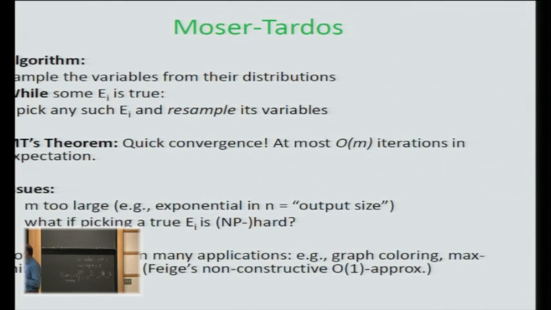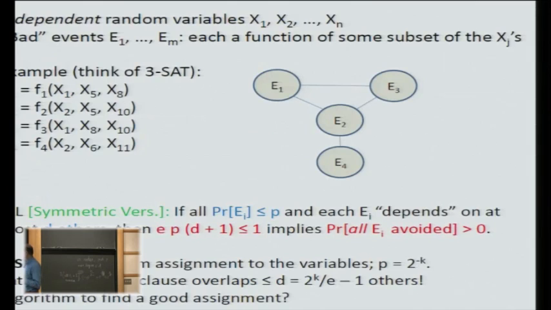One is, what do we mean by a randomized polynomial time algorithm? Notice that the output size of this problem is just n. If you recall, what you want as an output of your algorithm is one value for each of these variables that certifies that all the bad events are avoided.